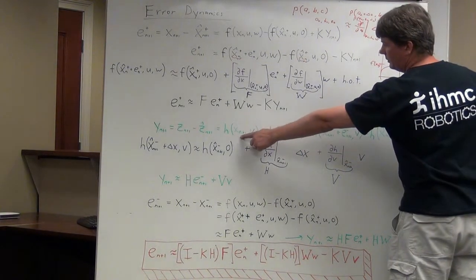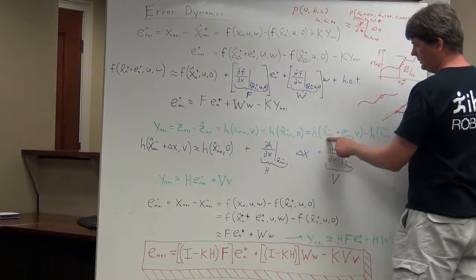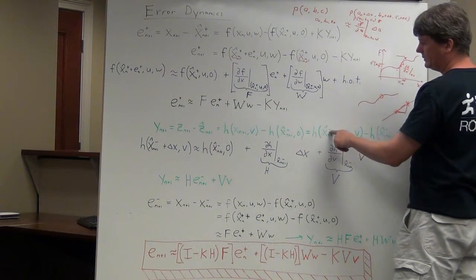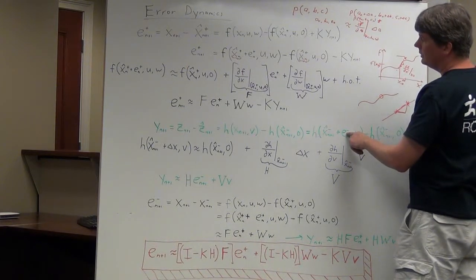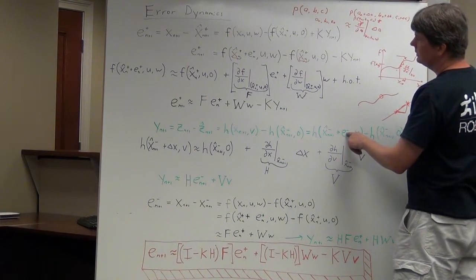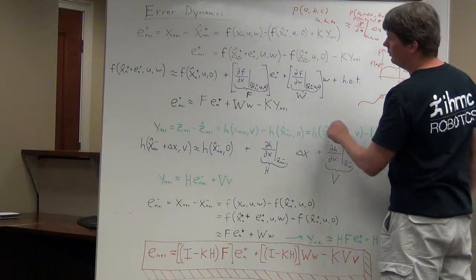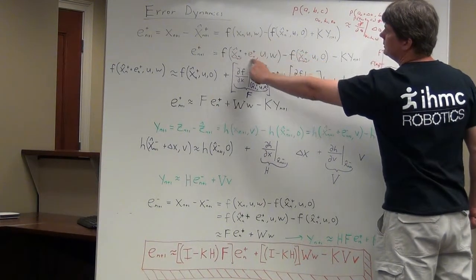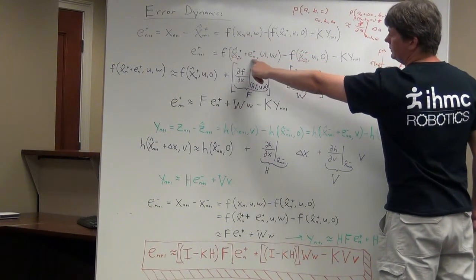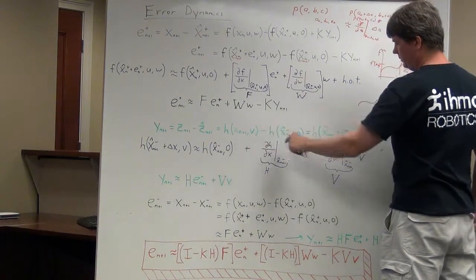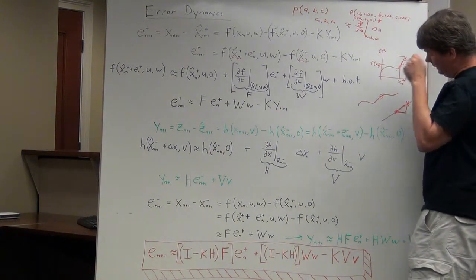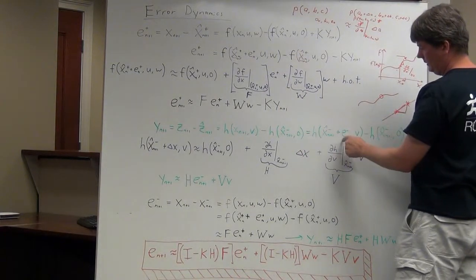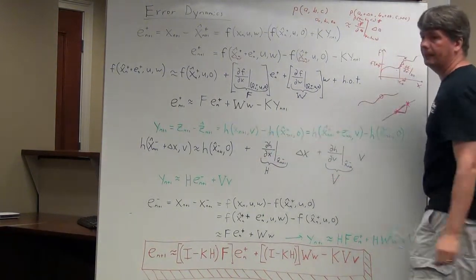So xn plus 1 is the same as x hat n plus 1 minus plus en plus 1 minus. Whereas before we were looking at xn, so we used en plus. Here we're looking at xn plus 1, so we use en plus 1 minus. Okay, because take that, add that, and you get that. That make sense?